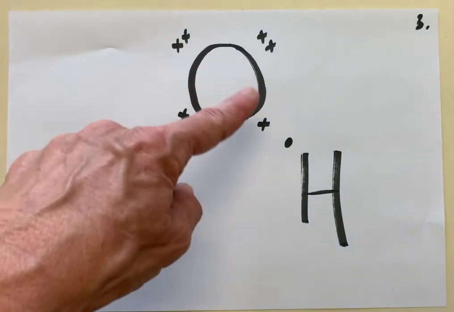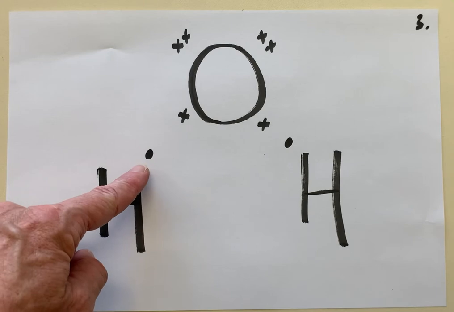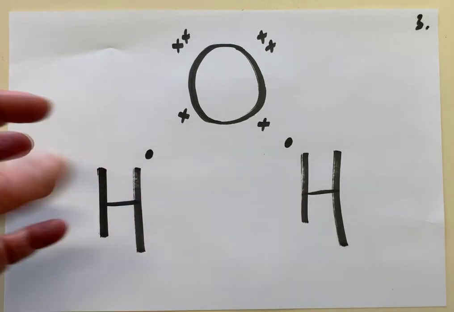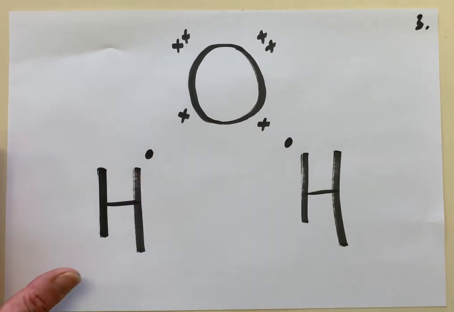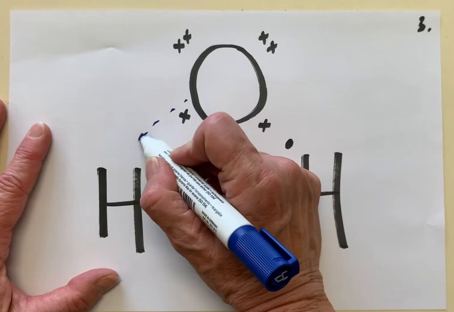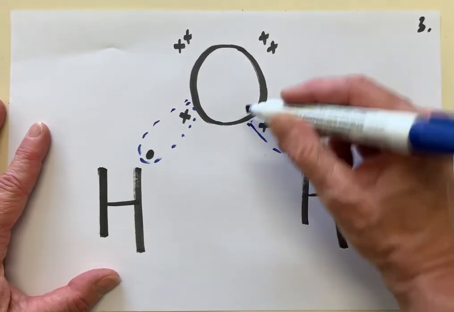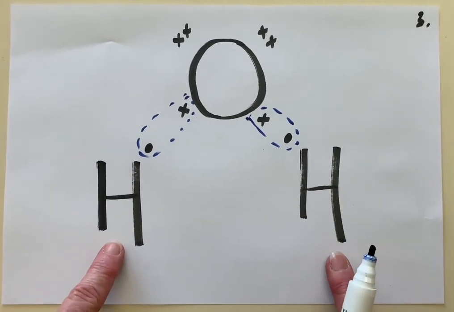So the 6 crosses that you see around oxygen are the 6 valence electrons, and you've got the 2 hydrogen electrons, or the individual electrons for each hydrogen atom here. And as you can see, if we put those 2 together, we've got each hydrogen atom having a full outer shell of electrons because they have 2.